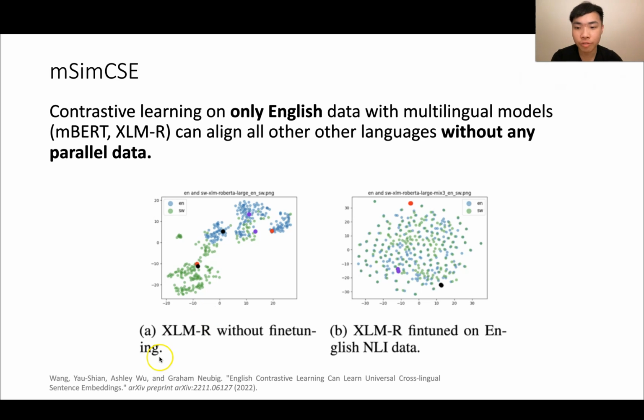We can see in the figure here, the representation space for XLM-R is not aligned at all, so all the languages are separated. But if you fine-tune this model with the SimCSE objective, all the languages are aligned together, and this is without the supervision from parallel data.